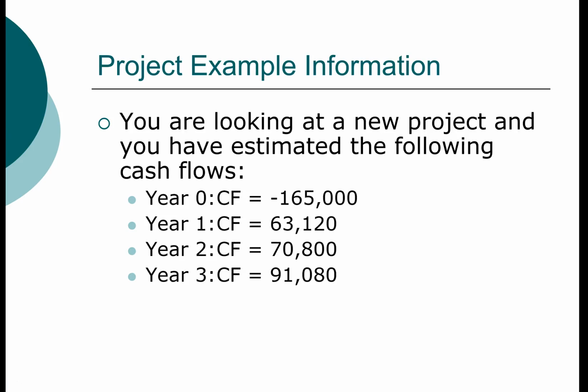So in this project, which costs $165,000 in the beginning, we can determine how soon it takes before we get our money back. After 1 year, in year one, we have $63,120, which means that after year one, when you add up the cash flow, I can compute a column called the cumulative cash flow.